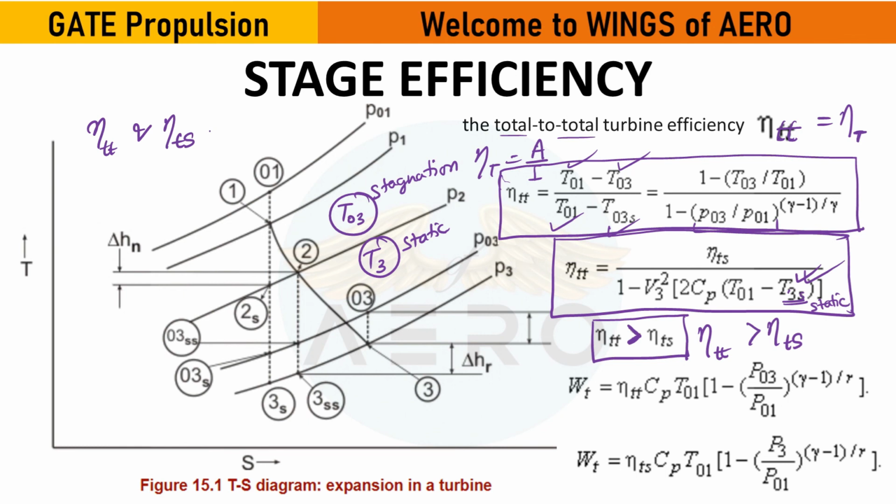You remember this formula, T01 minus T03 by T01 minus T0 prime. Instead of prime I am giving S. That's what they have given over here. Usually we define prime for ideal conditions, so here they have given S. So when they mention the static, S means this is an ideal condition. Got it? Got the difference?